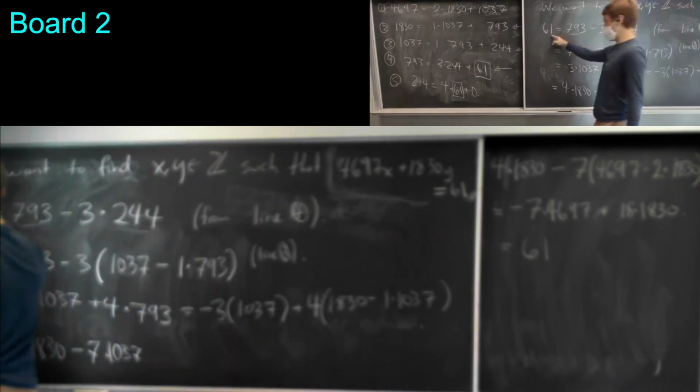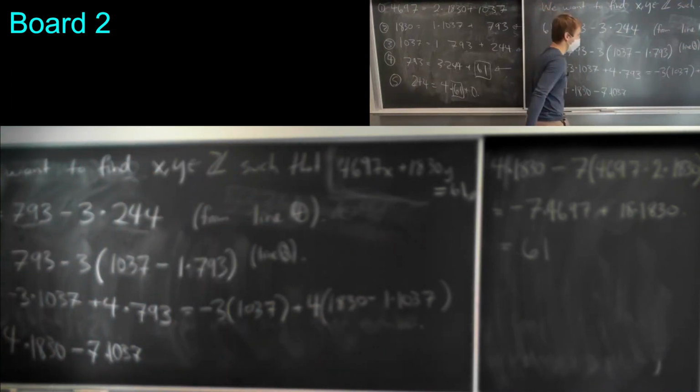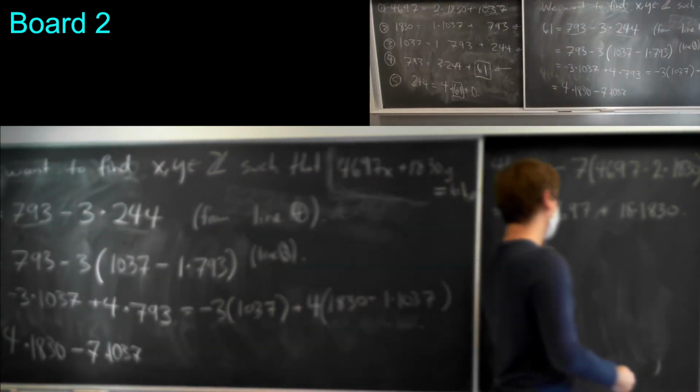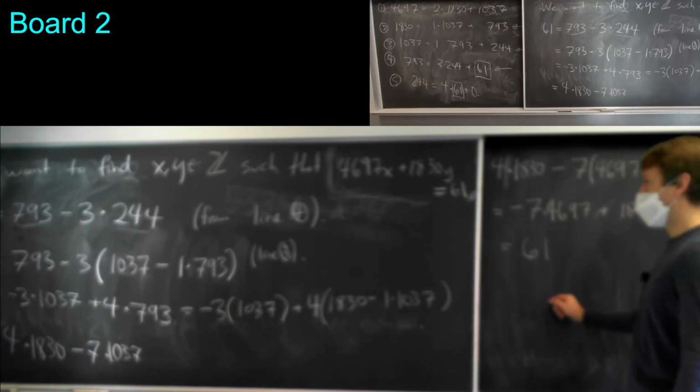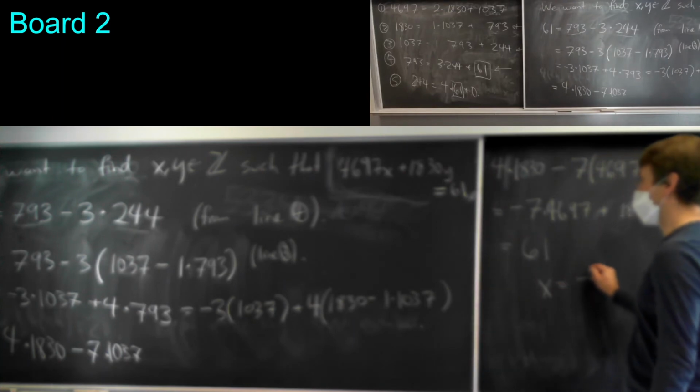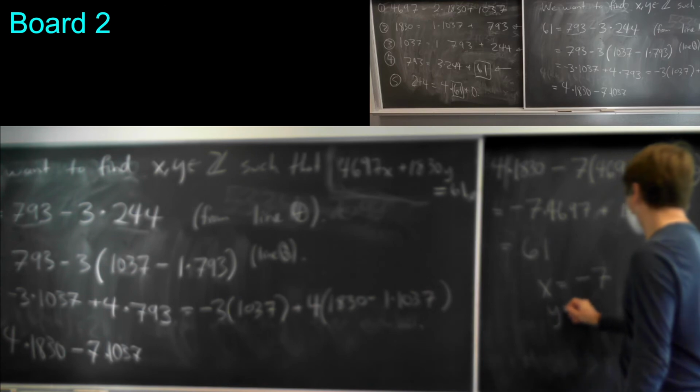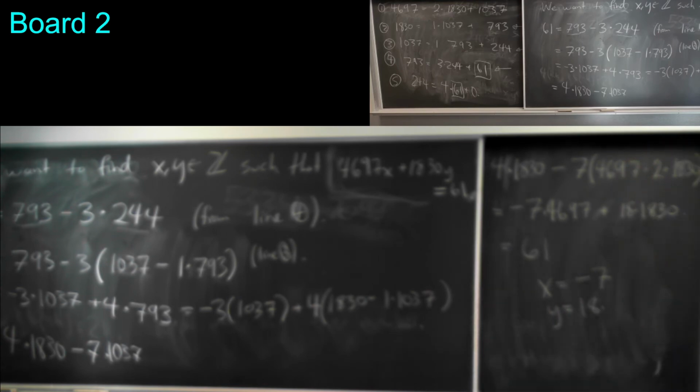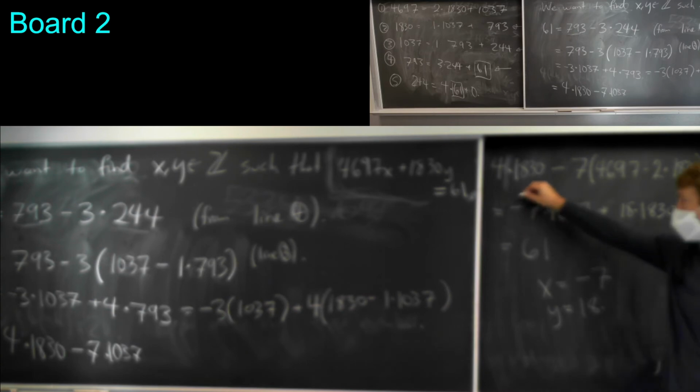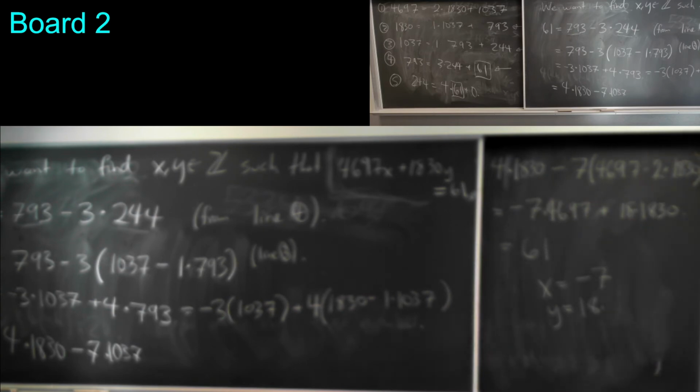So 61 equals this. So we get that x is equal to negative 7 and y is equal to 18, because we've got a negative 7 here, 18 there. Any questions about that?